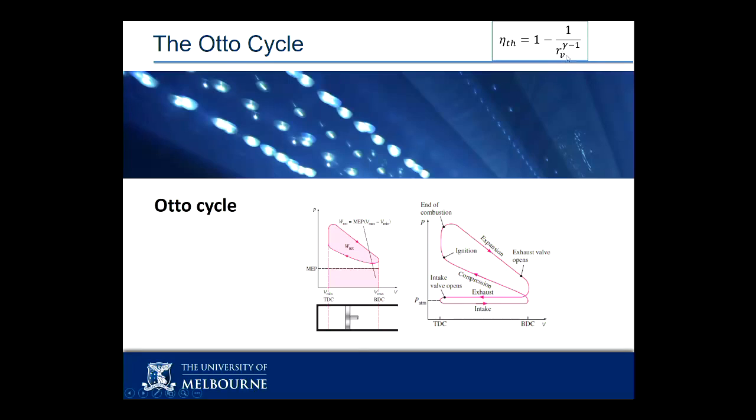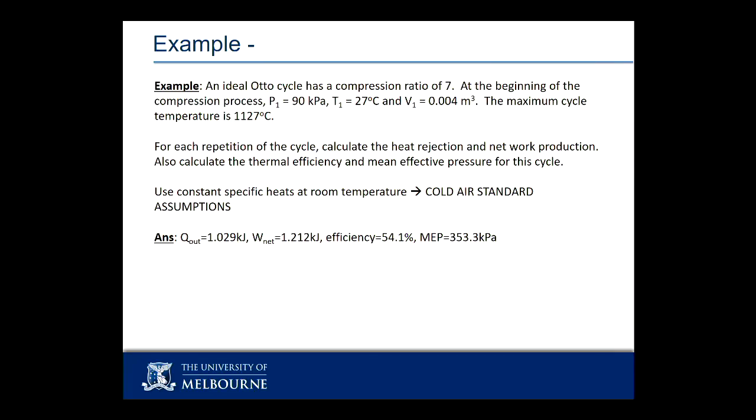And we had this term r_v, which is the ratio of this big volume to the little volume. That defines the Otto cycle. The geometric change, the P dV change, is from a big volume to a small volume, then a small volume to a big volume. We have tools for isochoric, so constant volume processes, with PV equals RT. So we have all the tools we need to solve this problem.